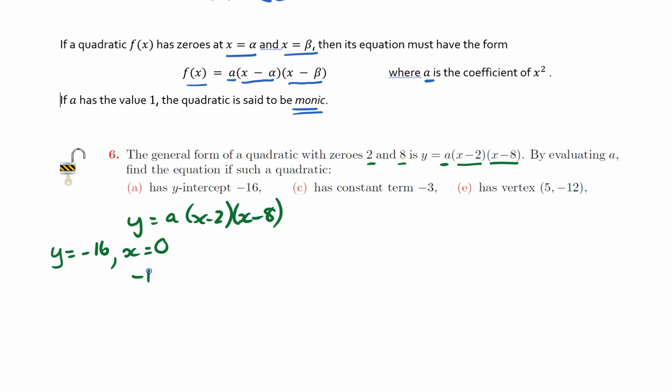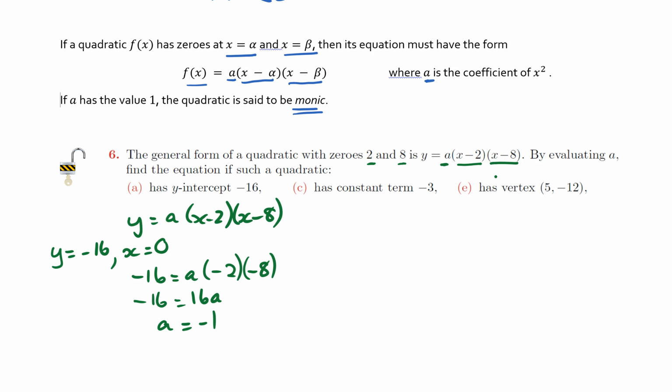So we get minus 16 equals a times 0 minus 2 and 0 minus 8, from which we can see that minus 16 equals a times plus 16, so a equals minus 1. So in fact the parabola, the quadratic, is minus 1 outside of those. We're not going to bother multiplying that out, but we can see that it's a parabola which is concave down.